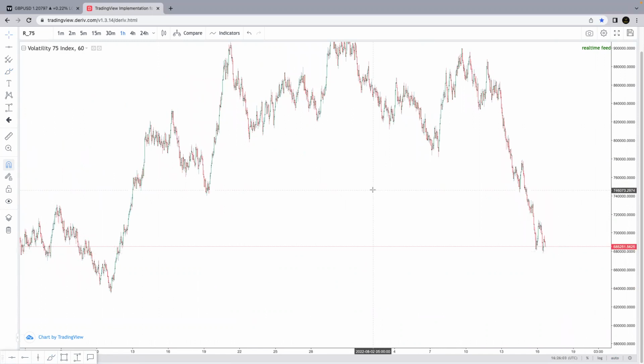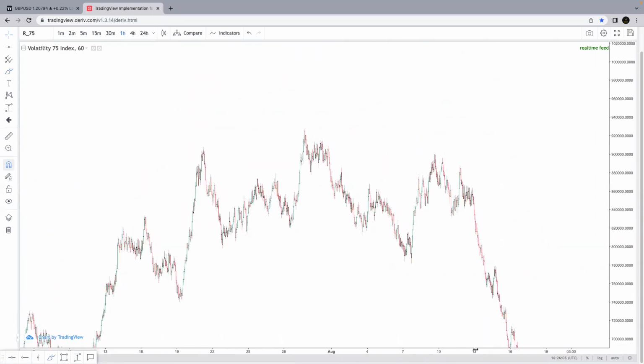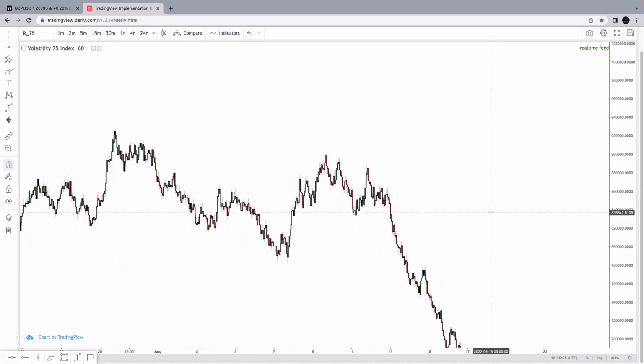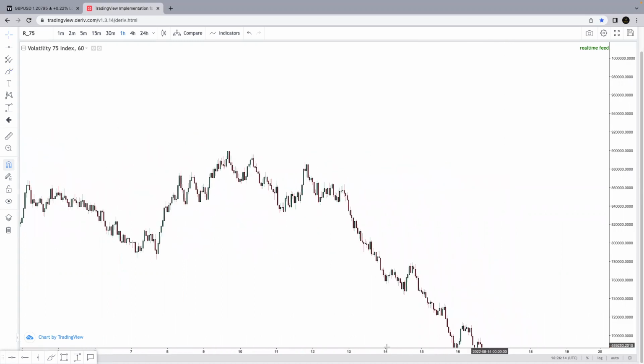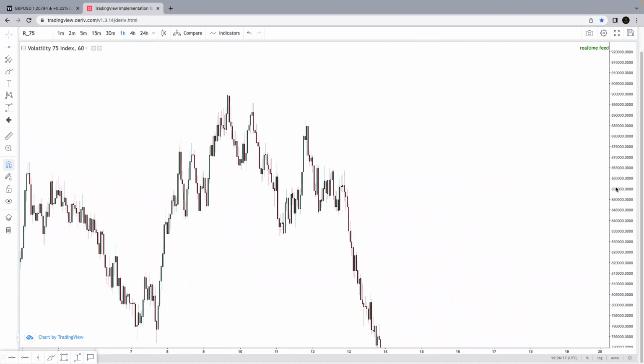So if we talk about V75, we have this major structure retest right here.